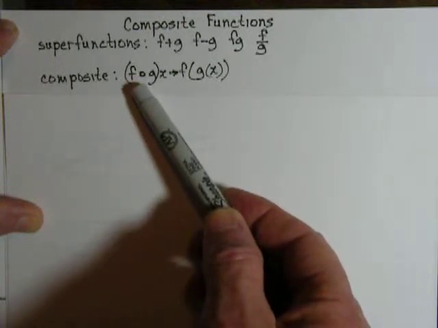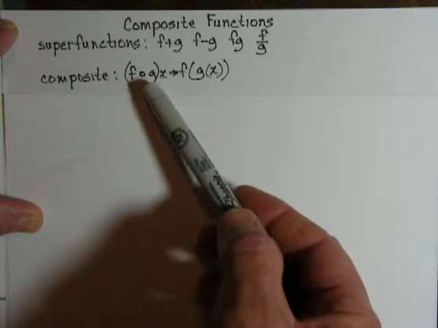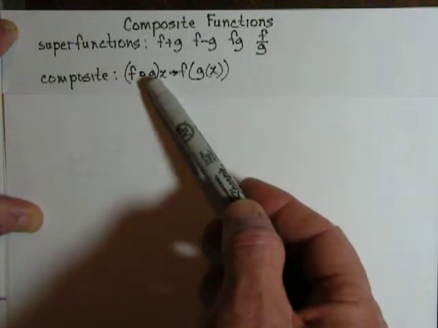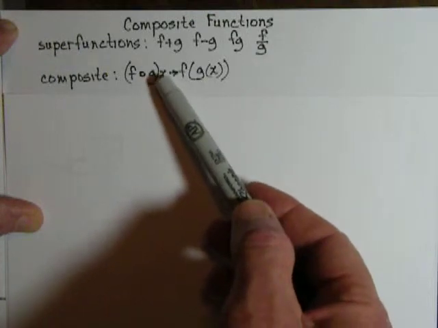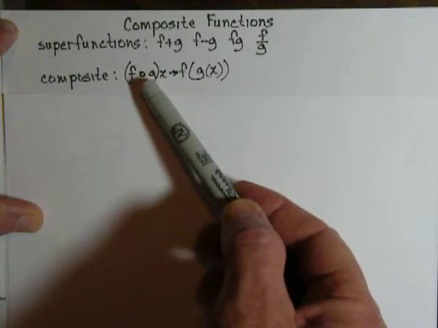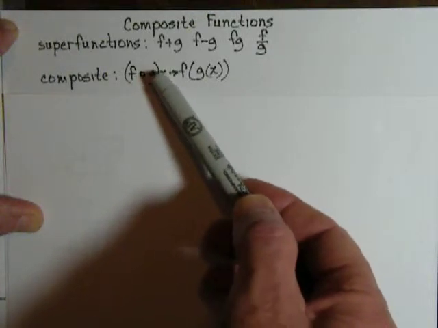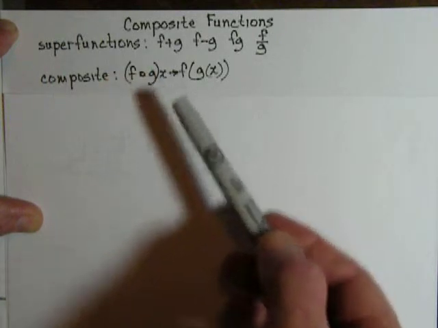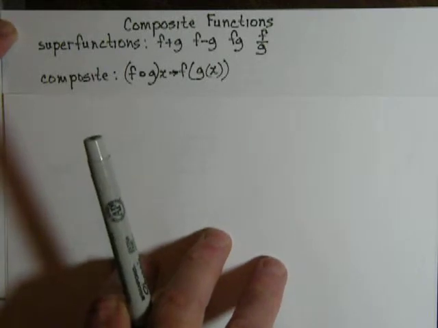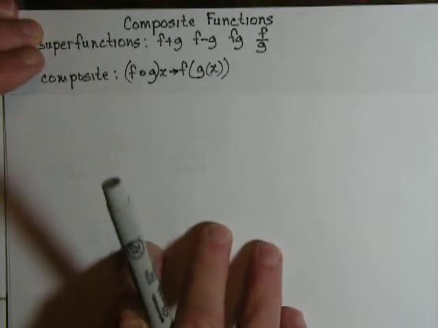I call it a sequential function, because you do not plug the same number into both f and g. As a matter of fact, you only plug this number into g, and then you take the result of it and plug that number into f. To help illustrate that, I have a little drawing.